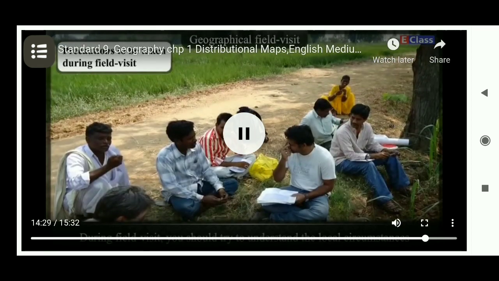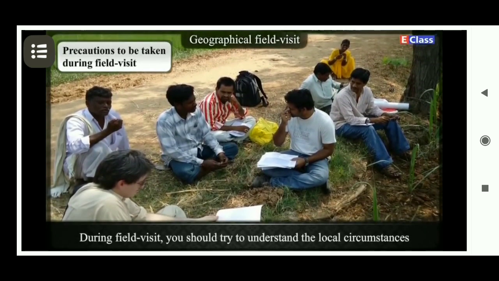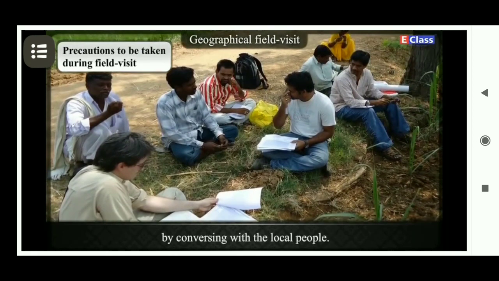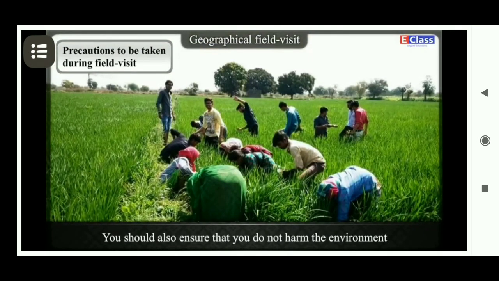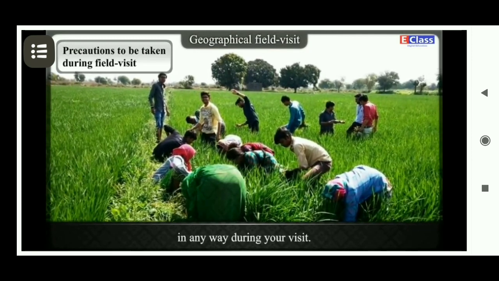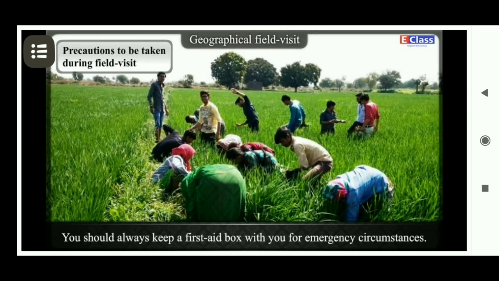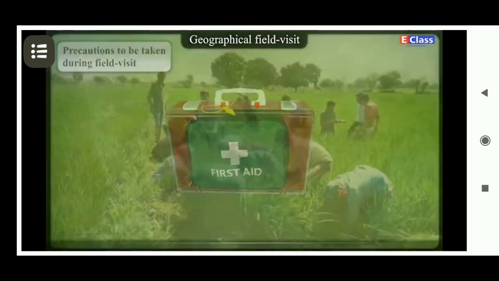During field visit, you should try to understand the local circumstances by conversing with the local people. You should also ensure that you do not harm the environment in any way during your visit. You should always keep a first aid box with you for emergency circumstances.